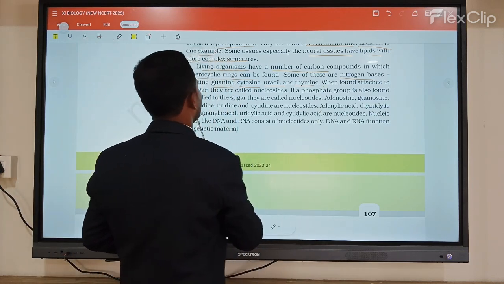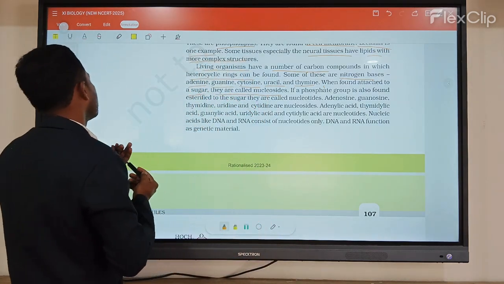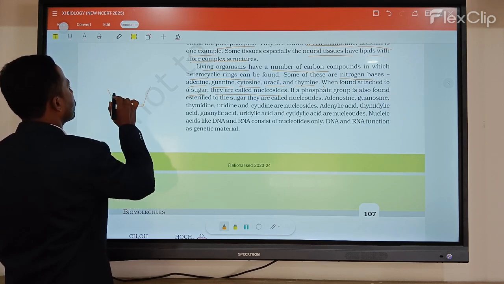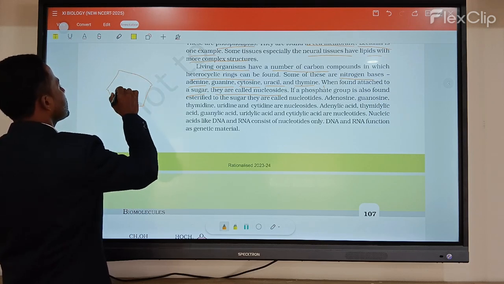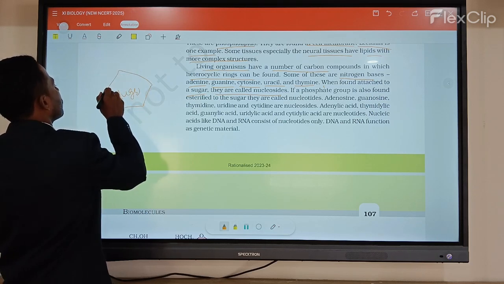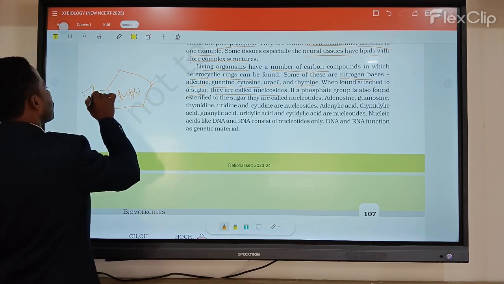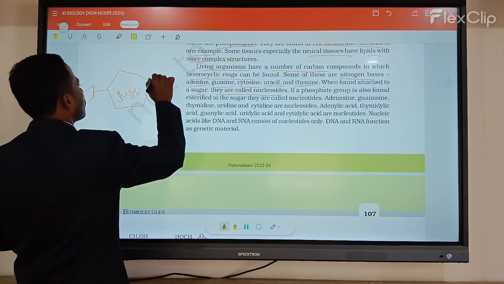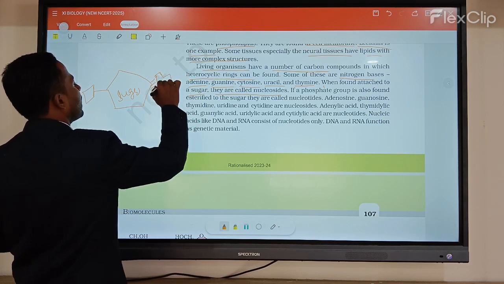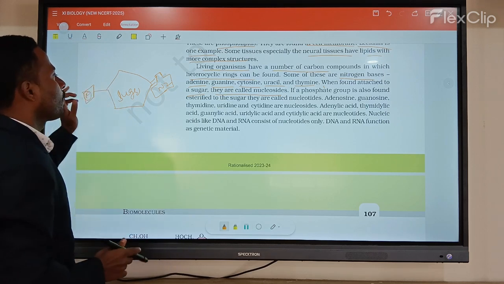When they are found attached to a sugar, they are called a nucleoside. When you take any one particular nucleotide, it has a pentose sugar, a sugar molecule, a nitrogen base, and a phosphate group.